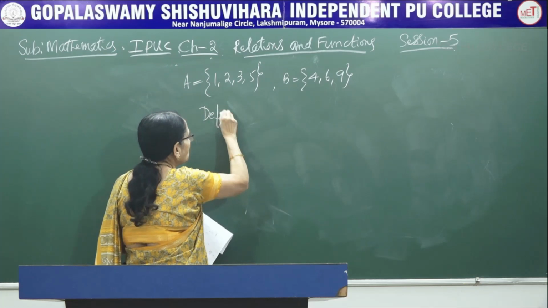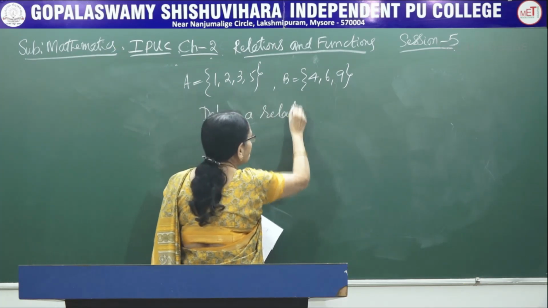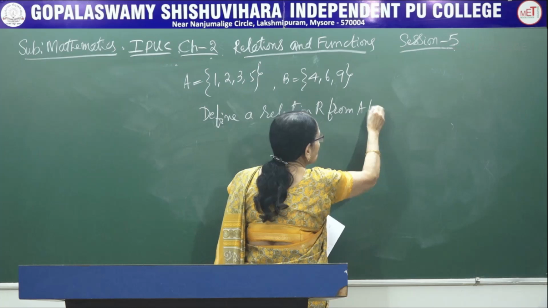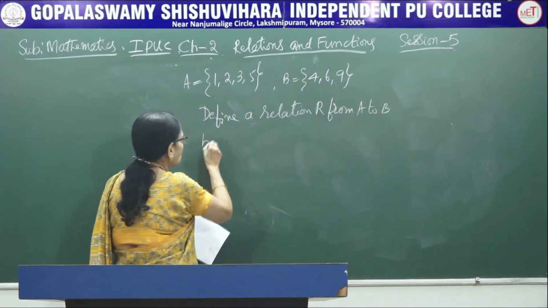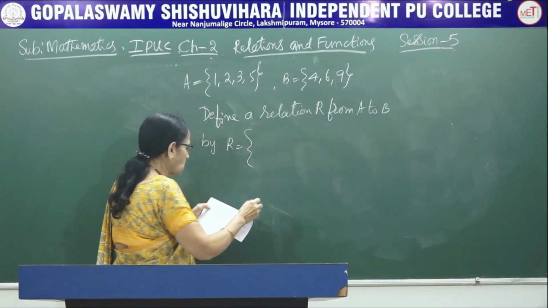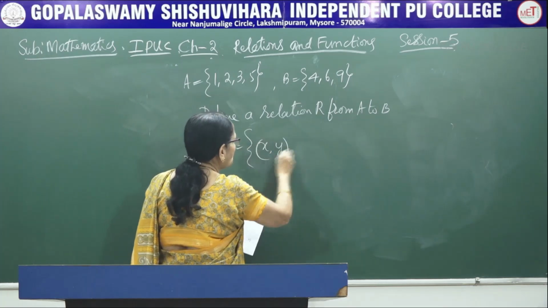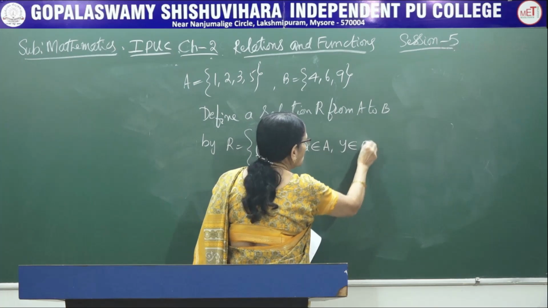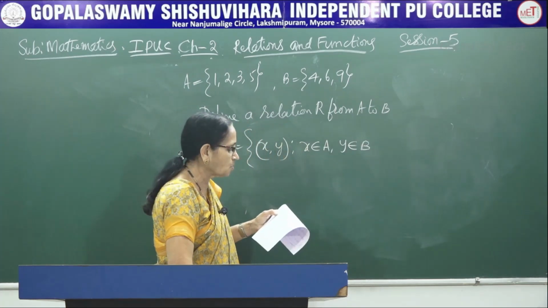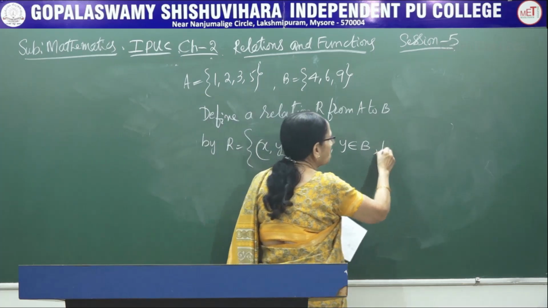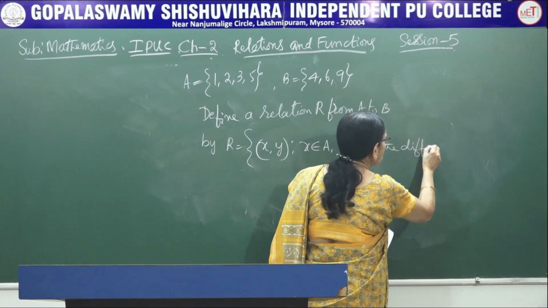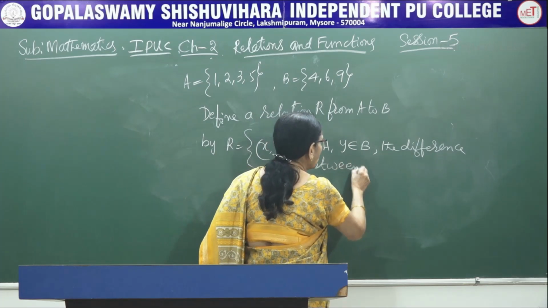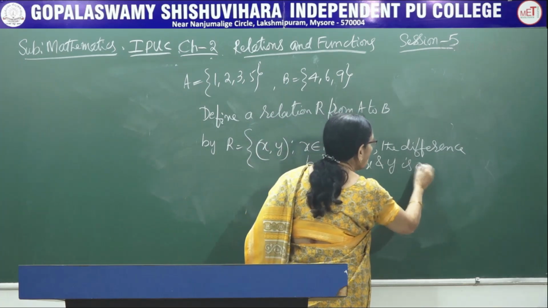Define a relation R from A to B by: understand this carefully, R contains all those ordered pairs (x, y) such that x belongs to A, y belongs to B, and the difference between x and y is odd.